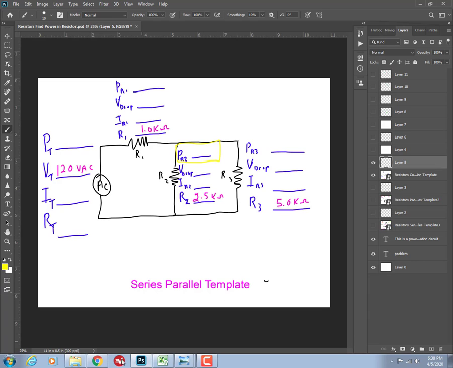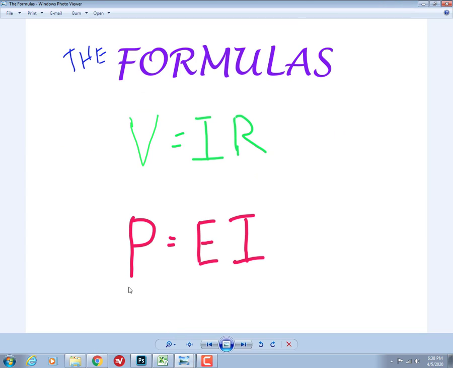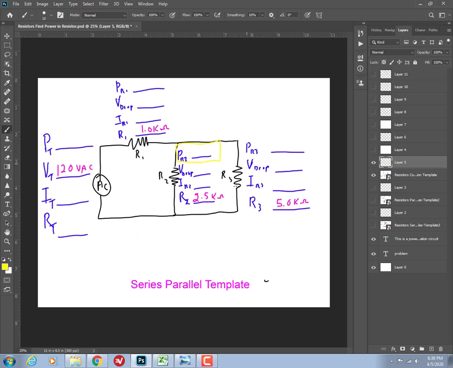All right. So in reviewing our power formula, power is equal to voltage times current. So we need voltage and we need current. We don't have either the voltage or the current. Okay, so we need clues. Well, we have a voltage over here of 120.